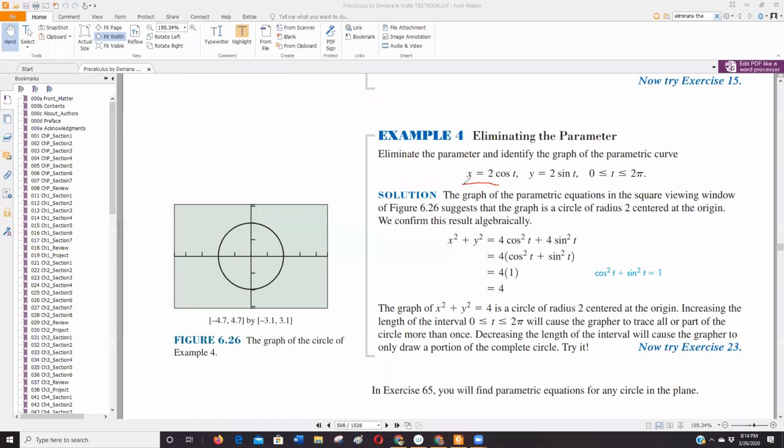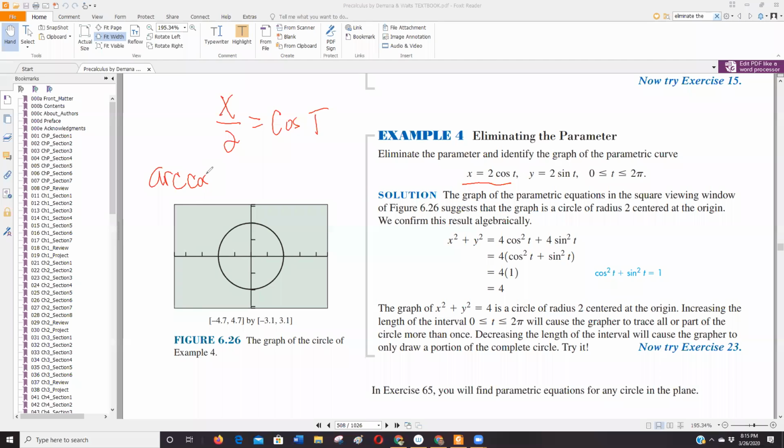What if we take this and solve this for t? Well, doesn't that mean I have to divide by 2? And what's the inverse operation for finding the cosine of something? Well, I hope you can say it's doing the arc cosine of both sides, right?